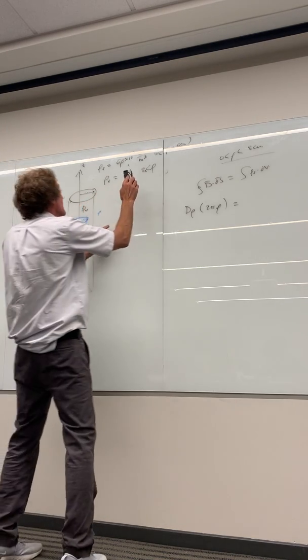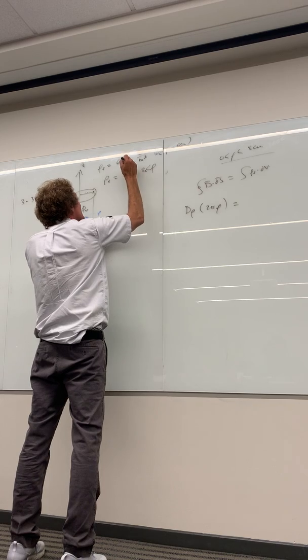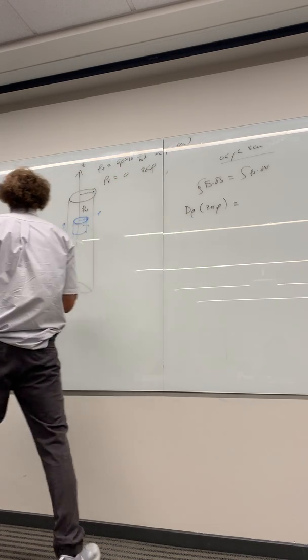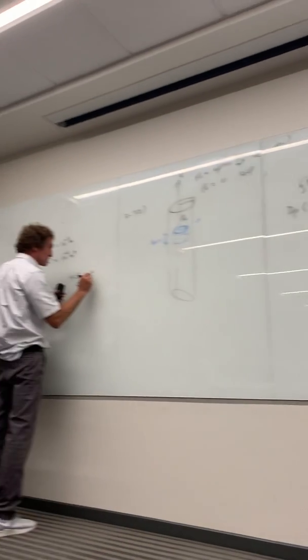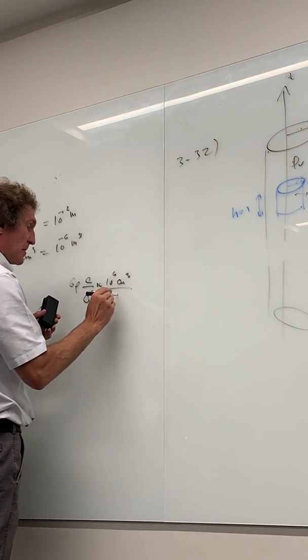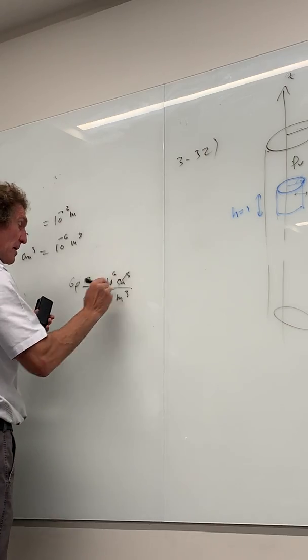Oh, I'm sorry. 10 to the 6, you're absolutely right. And if I was smart, I would have done it like they teach them in chemistry. If it was 6 rho coulombs per cm cubed, then you would have 10 to the 6 per meter cubed, and that would cancel.